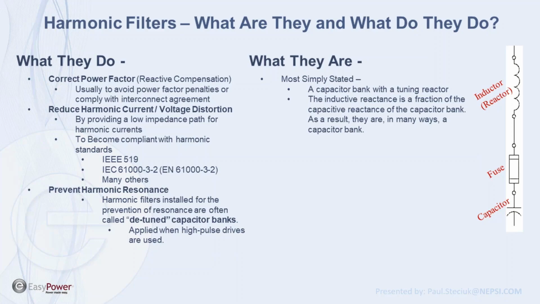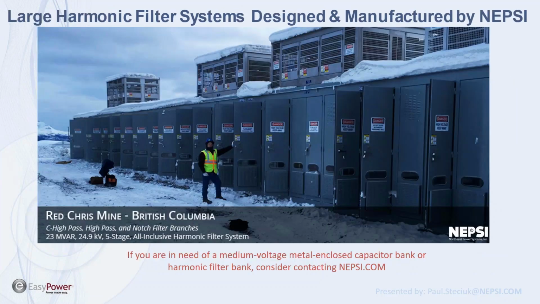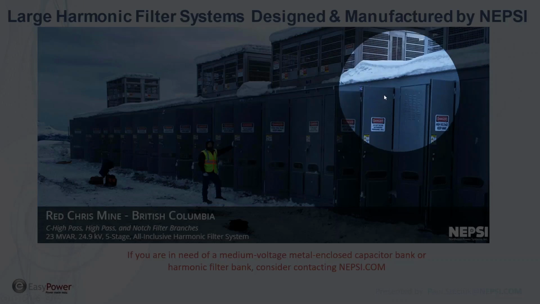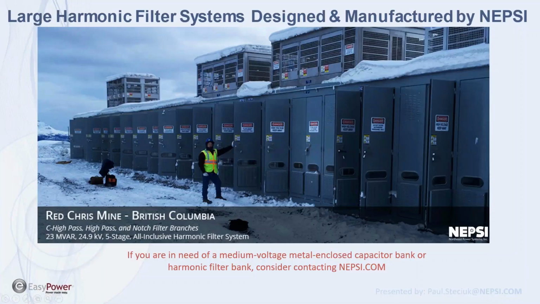And as a consultant or as an EPC, if you can take it to the next step and specify the harmonic filter, you will be doing your client a great service. The reason being is that a harmonic filter like this here can be marked up by over a factor of $500,000 as margin stacking by the drive supplier or by the rectifier supplier.